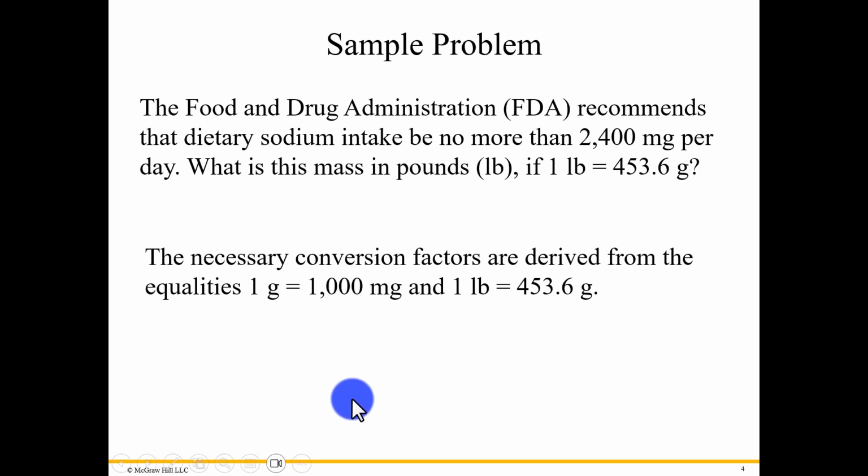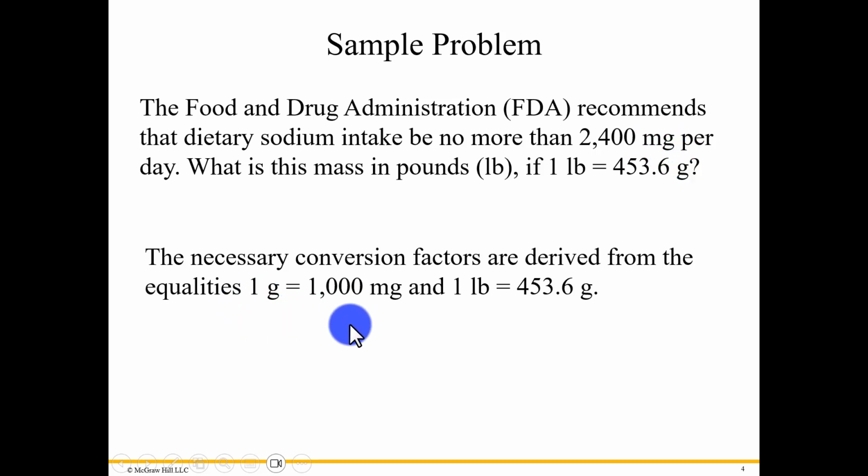Here's a sample problem where you will have 2 steps. The FDA recommends dietary sodium intake be no more than 2,400 milligrams per day. What is this mass in pounds if 1 pound is 453.6 grams? However, I can't use this directly because my original number is in milligrams, not in grams.